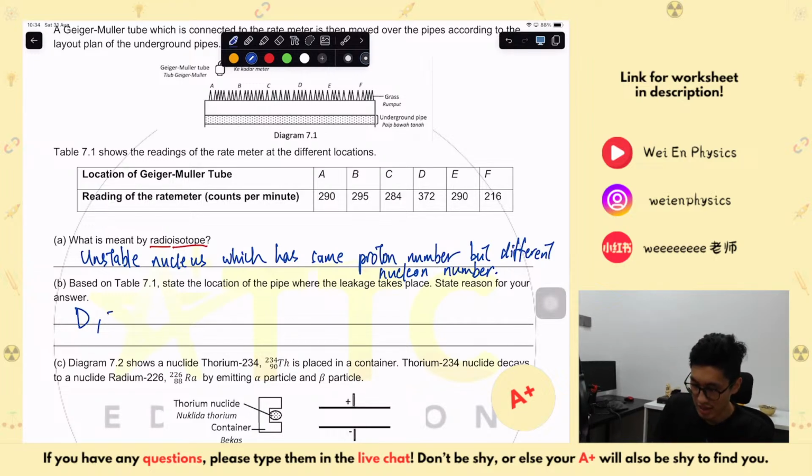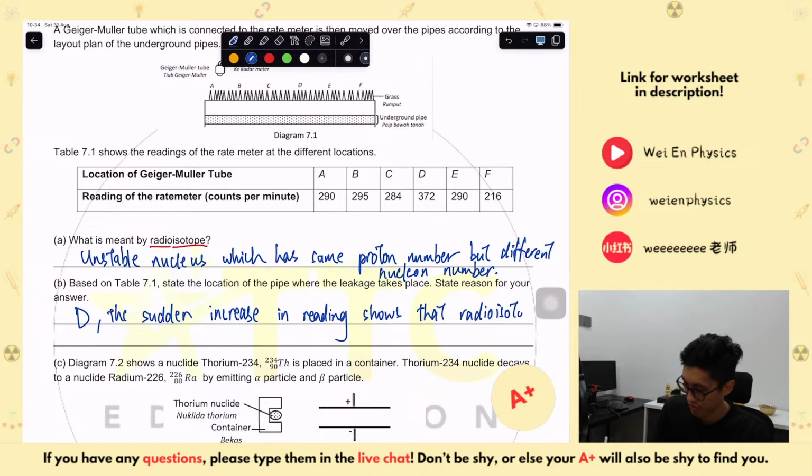So you say the sudden increase in reading shows that radioisotope is coming out from the leakage.